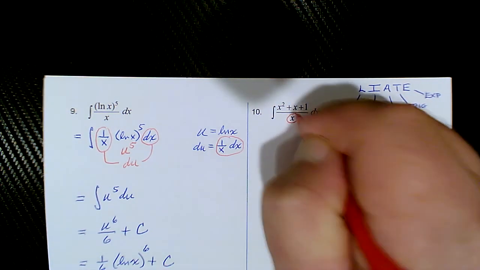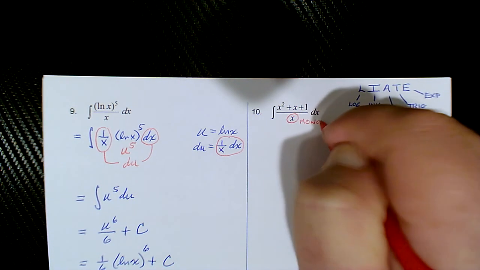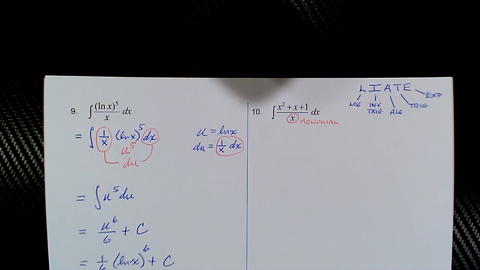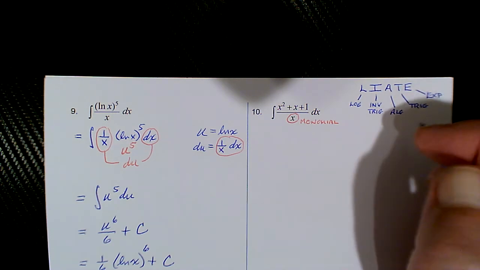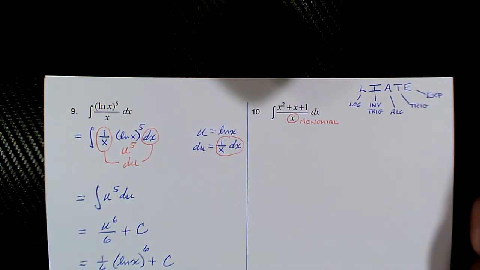This single term in the denominator we could refer to as a monomial. And when we have a monomial in the denominator, it's essentially a basic rule of arithmetic, but algebra as well, of combining fractions.